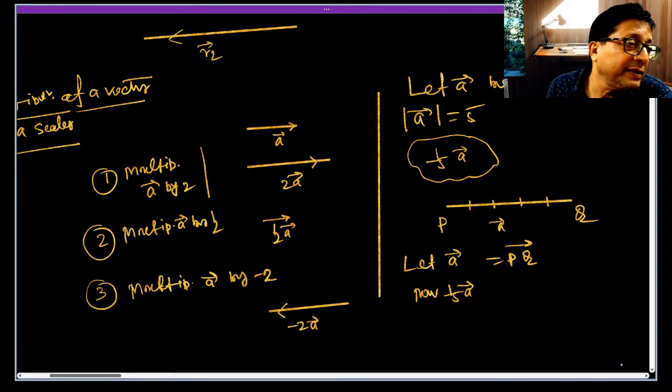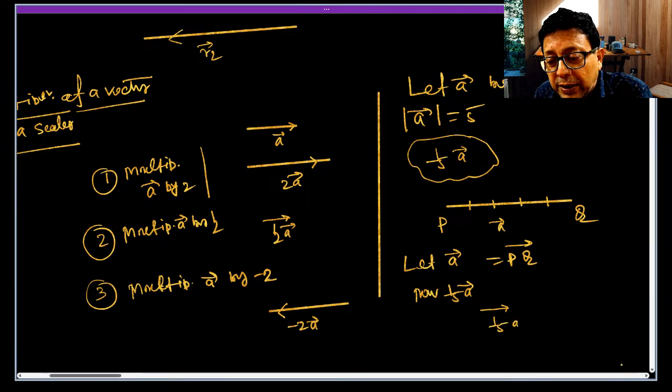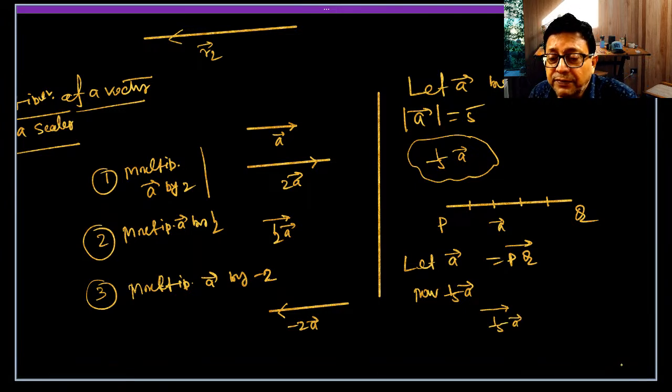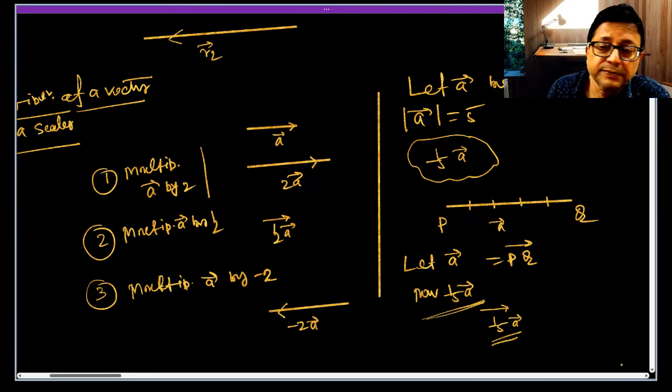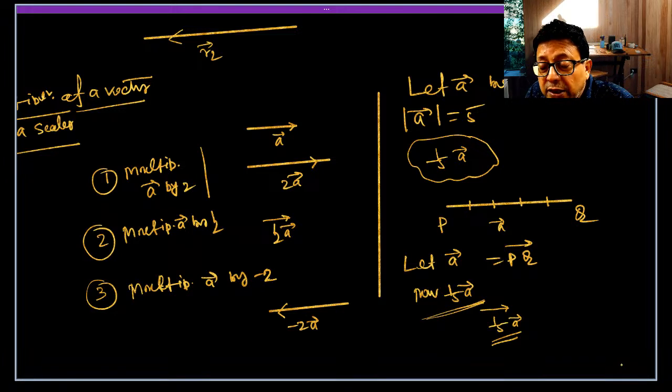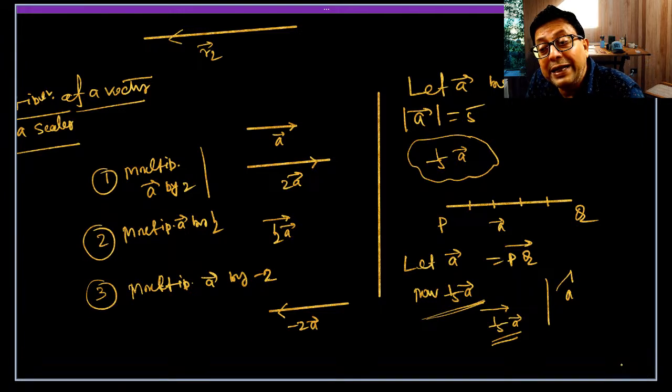1/5 of A will get the vector of magnitude 1 unit along A. So this will be 1/5 of A vector. This vector we will now refer to as A cap or A hat.